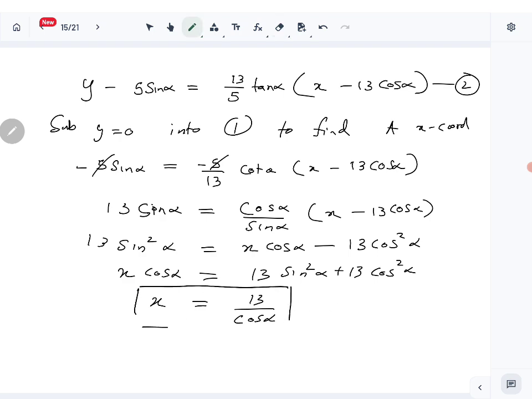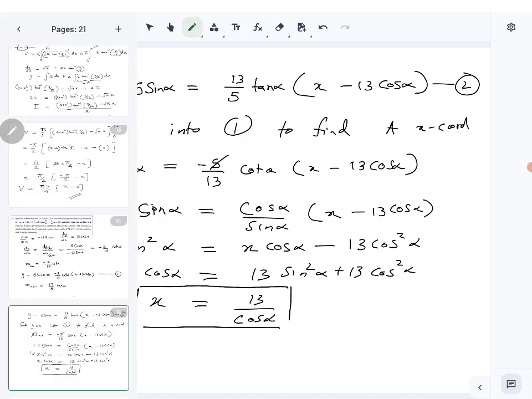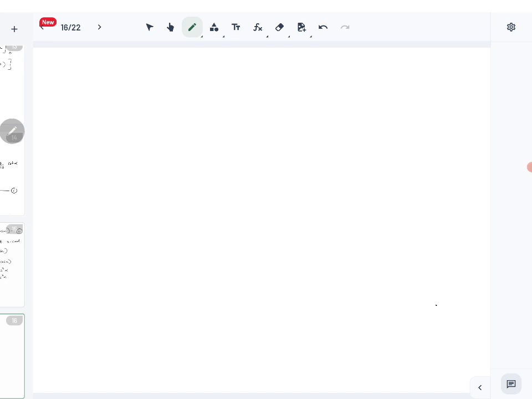So this is the x coordinate of A. Then we need to similarly find the x coordinate of B.